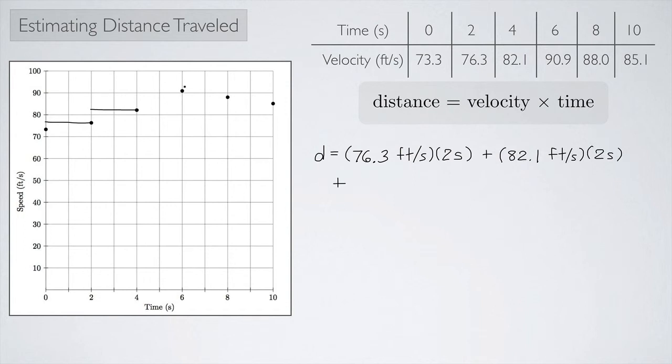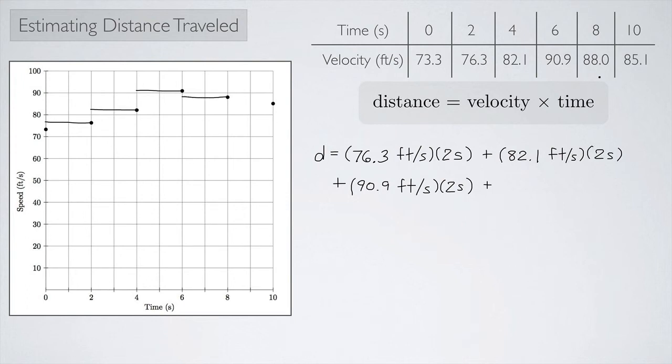Next, I have this interval right here. So let's see, what's that? That's going to be 90.9 feet per second, and again, a 2 second long interval. Okay, 2 more. So now I have this one here.